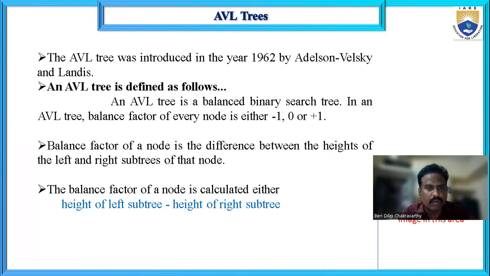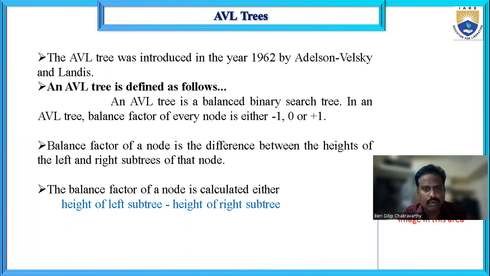In an AVL tree, the balance factor of every node is either -1, 0, or +1. We are going to calculate the balance factor for each and every node, and it must be either -1, 0, or +1. How are we going to calculate the balance factor? That is the main point here.